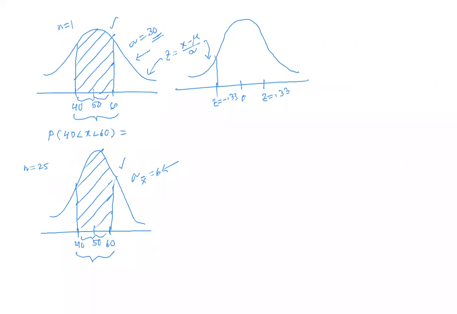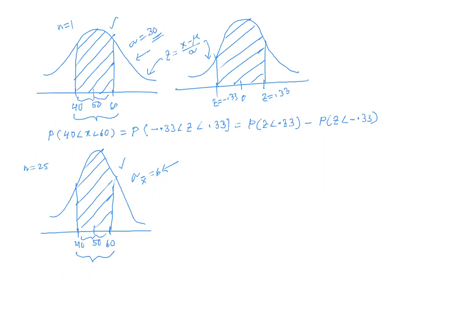So you're looking for this area. It's going to be probability of negative 0.33 less than Z less than 0.33, which translates to probability of Z less than 0.33, which you should know by now, minus probability of Z less than negative 0.33.